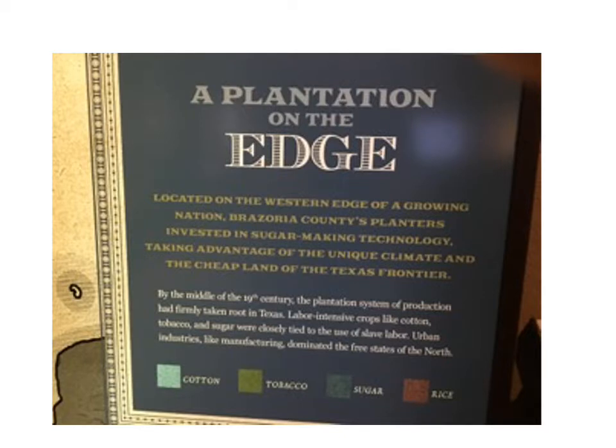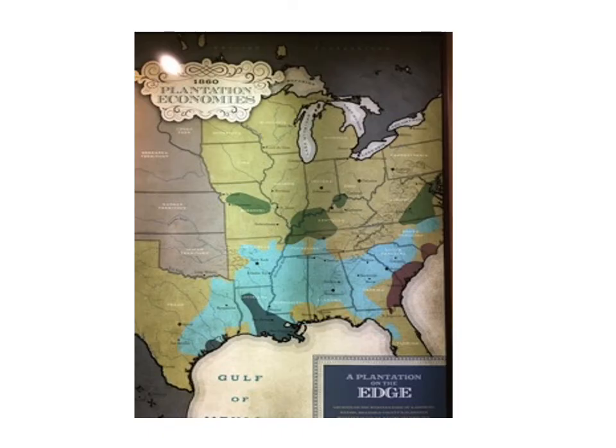The next few slides show the distribution of cotton and then slaves across the South. On this slide, these are the plantation economies in 1860, the outbreak of the Civil War. You can see the areas there in light blue are all cotton producing areas, which extend throughout the South, through Louisiana and into Texas.